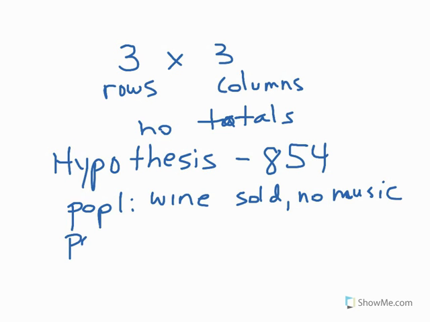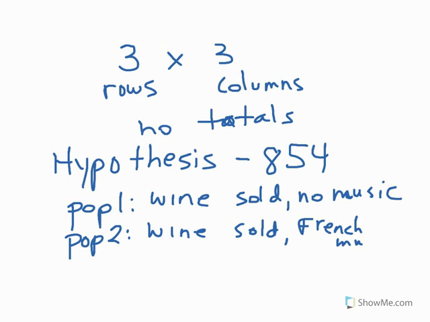There's no crossover. These could be on different days, different weeks. We're not sure how they randomized it, but essentially that's what we got. Population 2 is when the wine is sold when there's French music playing. And population 3 is the bottles of wine that are sold with the Italian music playing.